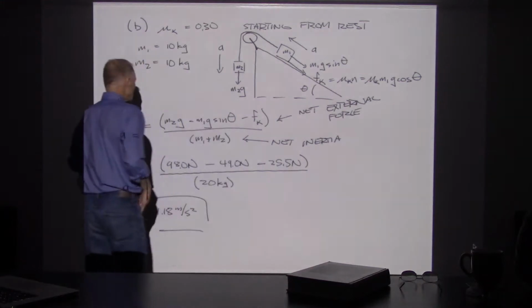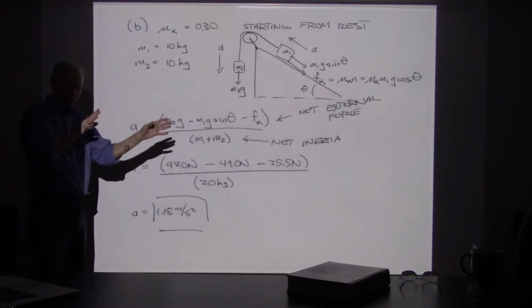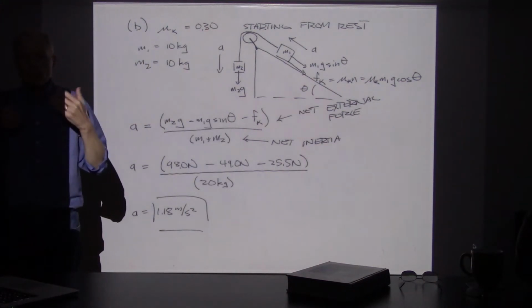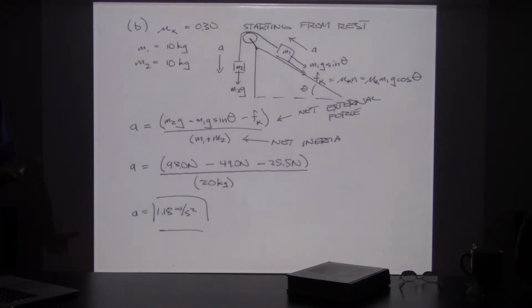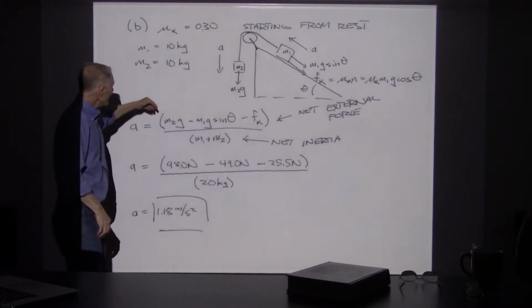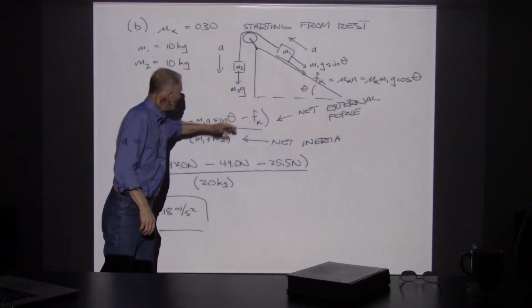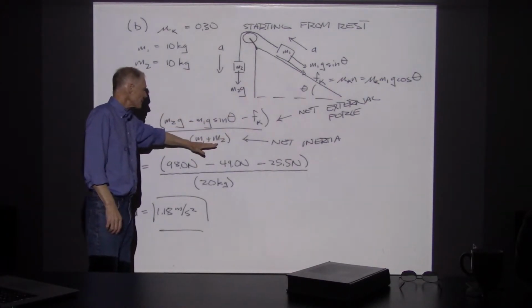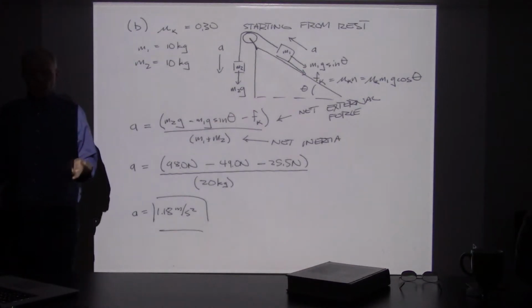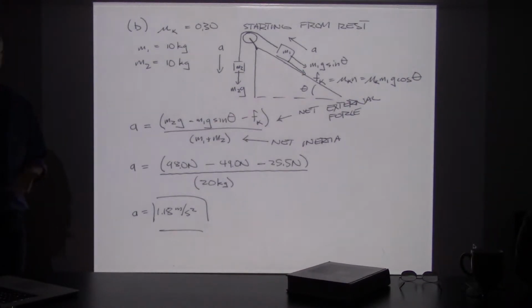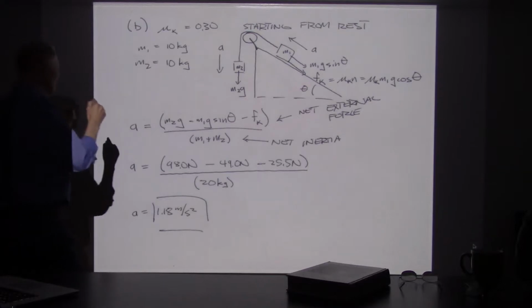Now, before we were just setting forces equal to forces, but now we've got an acceleration, which complicates things a bit. Now we have to look at the sum of the forces, and we have to divide through by the masses. When everything was just sitting at rest, we didn't have to do that, but now we do.